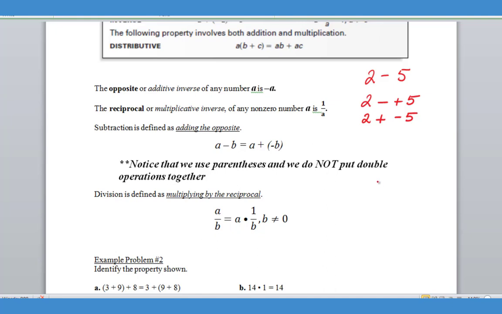Another no-no is this. If we have 2 minus a negative 4, at this point we should know that it is 2 plus 4. I do not want to see double operations of this same nature, like 2 plus minus 4. That is technically not how we write mathematical language.